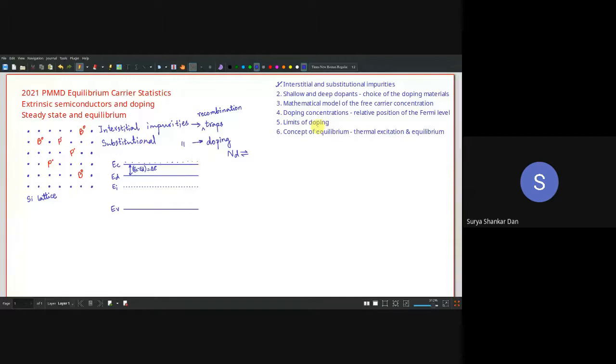Once the electrons leave the donor states, like for example the phosphorus over here, this electron will leave the phosphorus and move away.